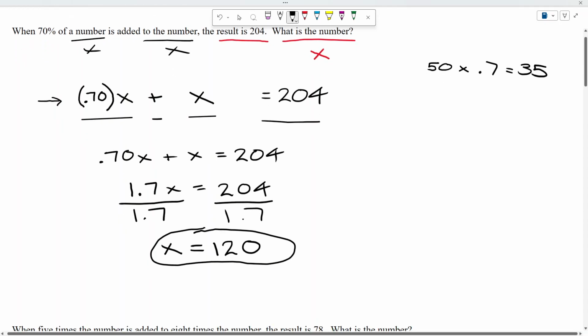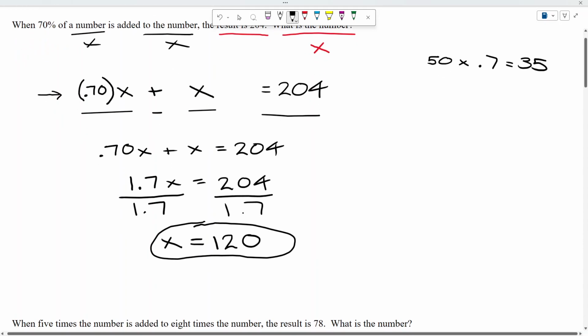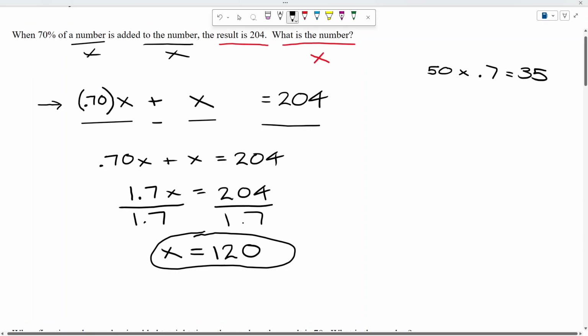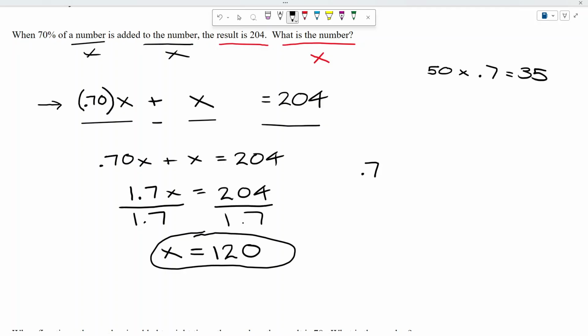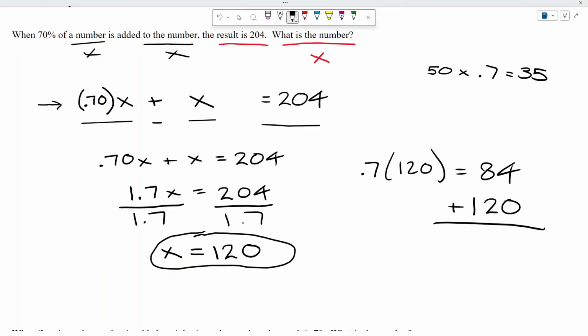And of course, we know that we can always check ourselves. If we took 0.7 times 120, that's equal to 84, and then add that to 120, and that does indeed come out to 204.